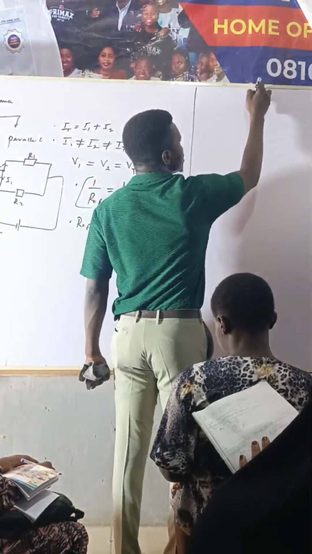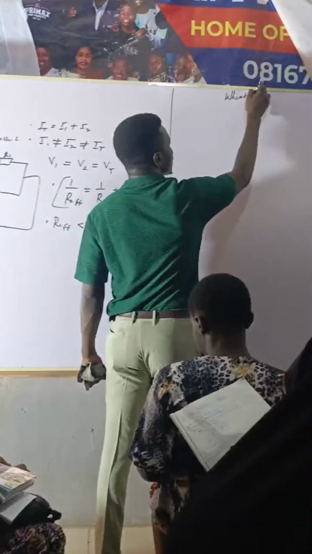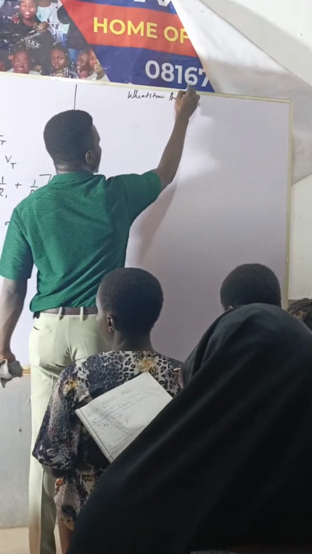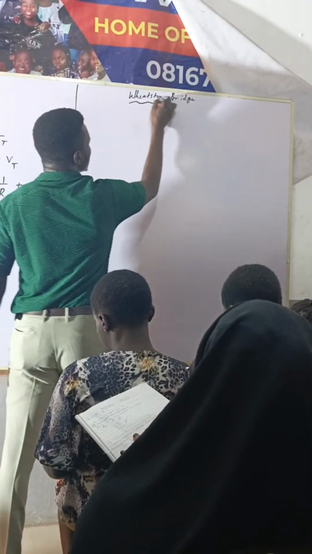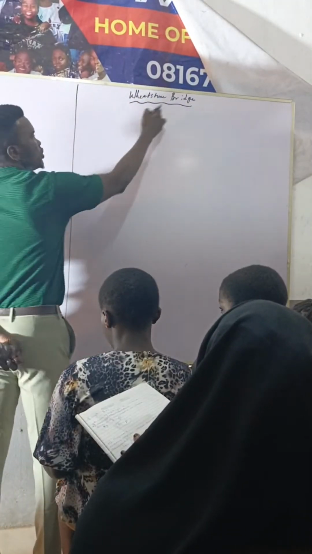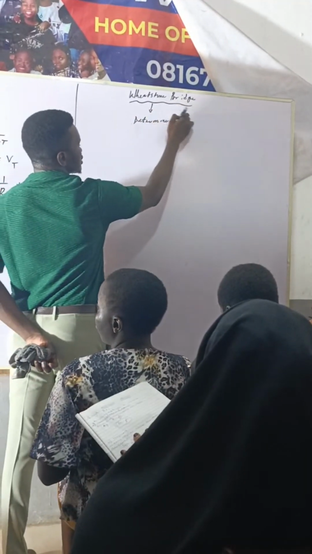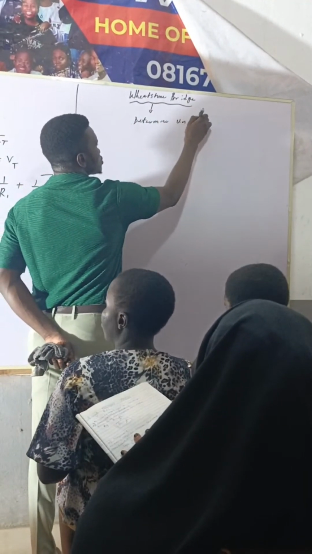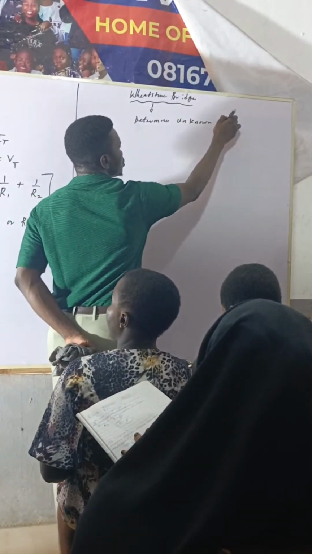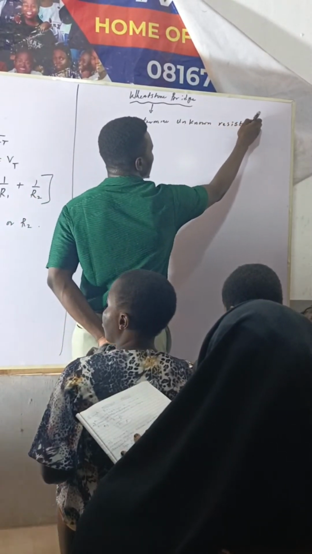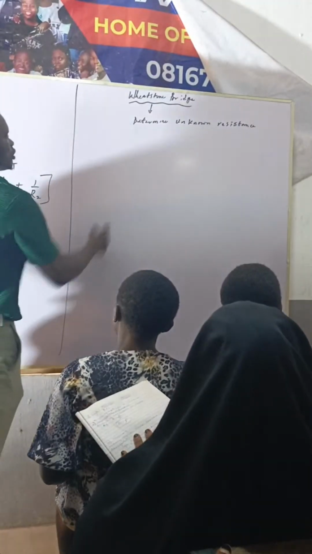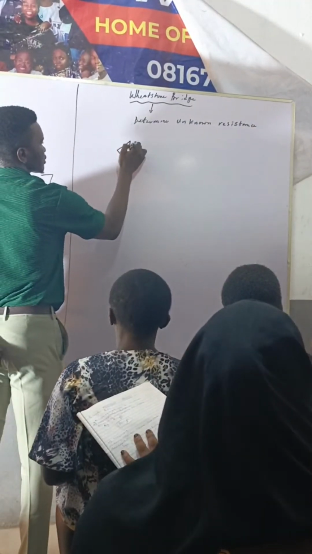For Wheatstone bridge, because we are supposed to have depth this class for junior ones, your Wheatstone bridge is used to determine unknown resistance. So we use Wheatstone bridge to determine unknown resistance. The Wheatstone bridge is built like this.